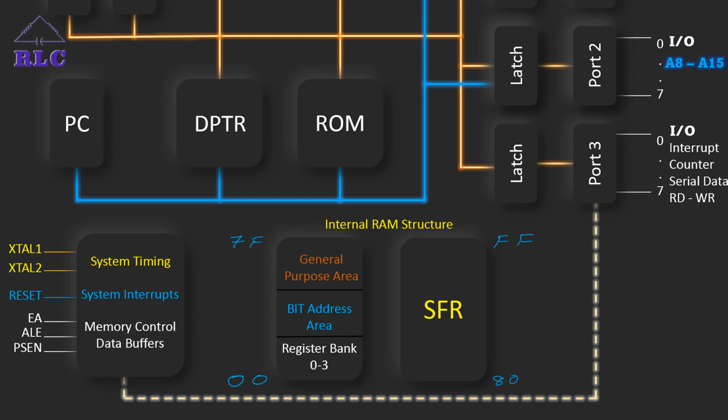So for our use, we have only address locations from 00 to 7F, which constitutes 128 bytes. This register bank 0 to 3, bit address area, general purpose RAM, and SFR we'll see in the RAM structure.